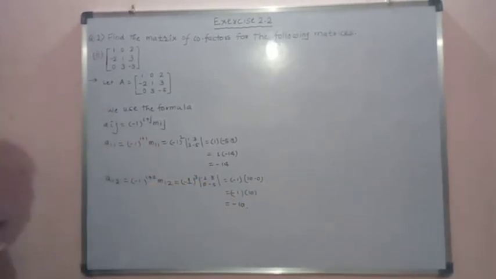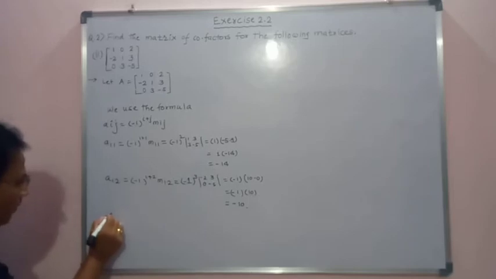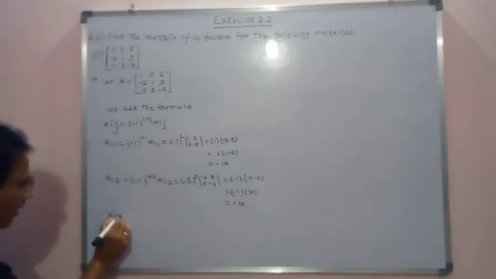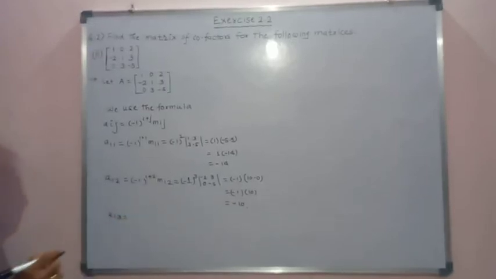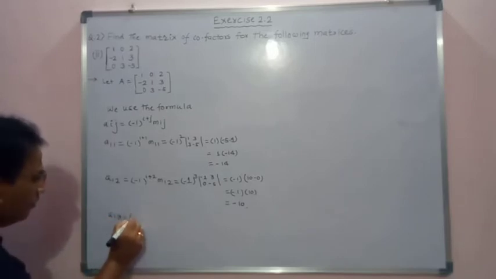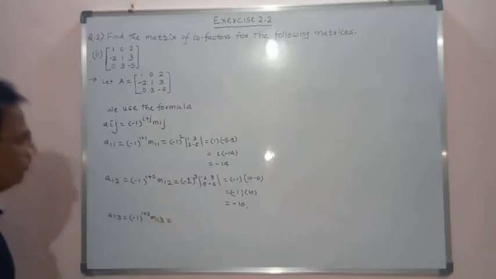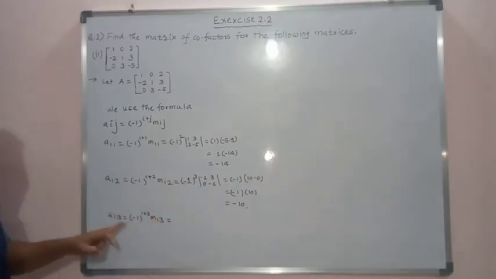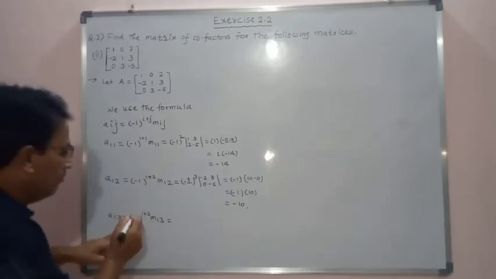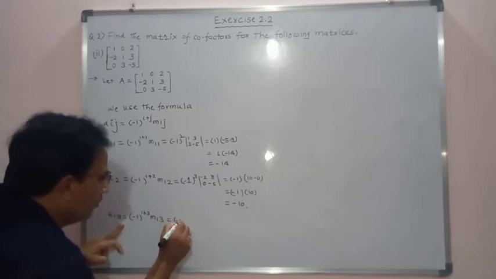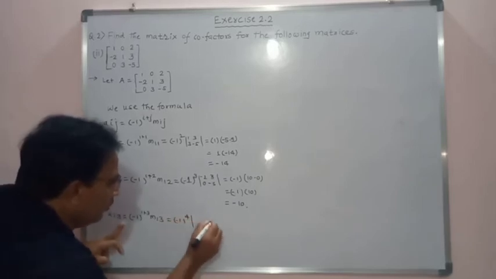Therefore A13 equals minus 1 raised to 1 plus 3 into M13. 1 plus 3 is 4, an even number. Minus 1 raised to 4 into M13.